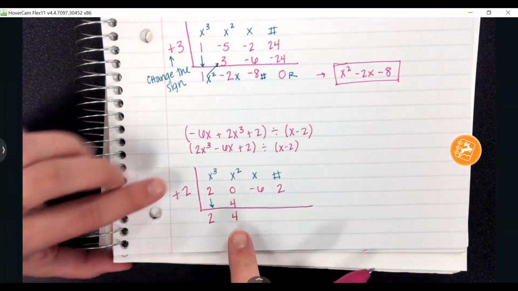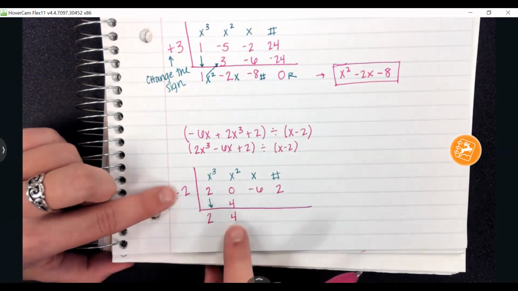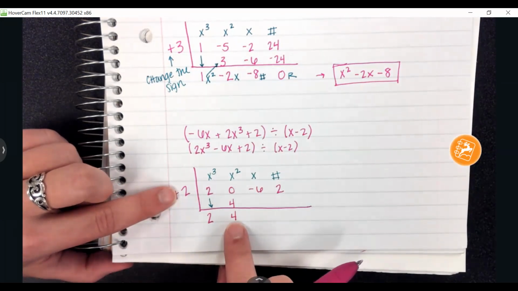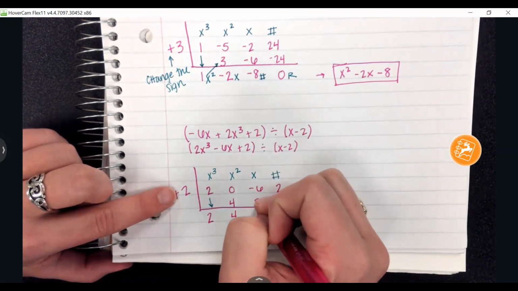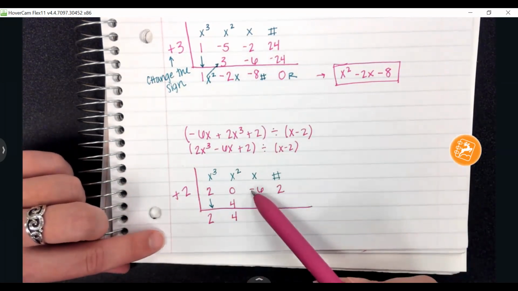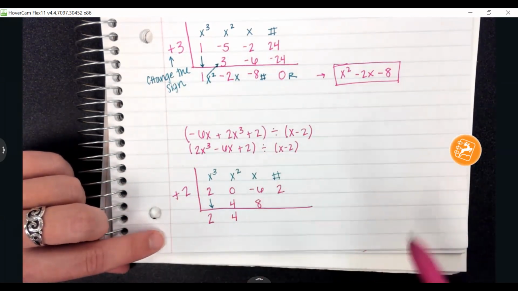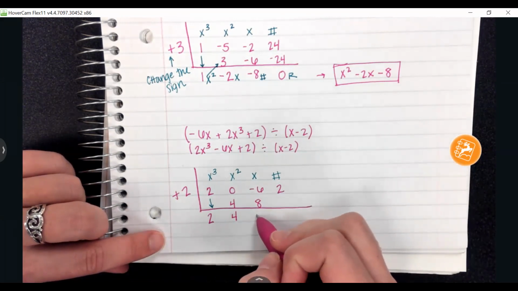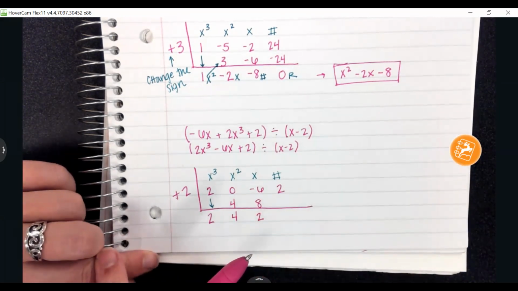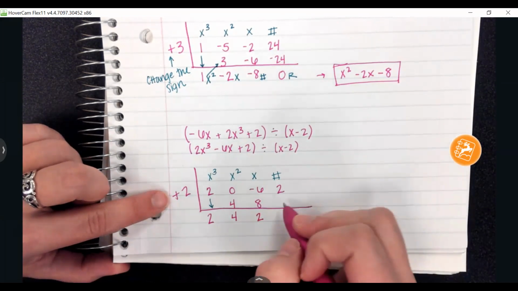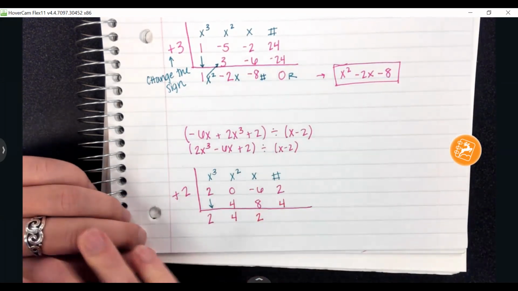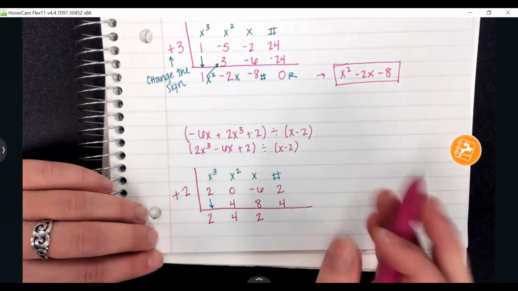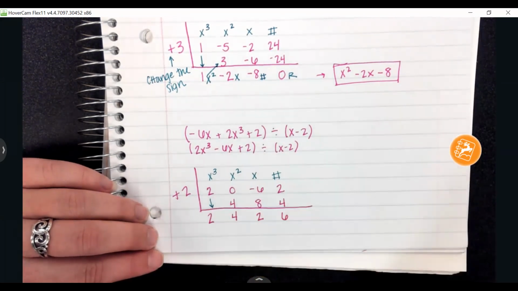And now I start over, I multiply. 2 times 4 is 8, so 8 goes inside. -6 and a +8 gives me a +2, very good. 2 times 2 is 4, and 2 plus 4 is 6.